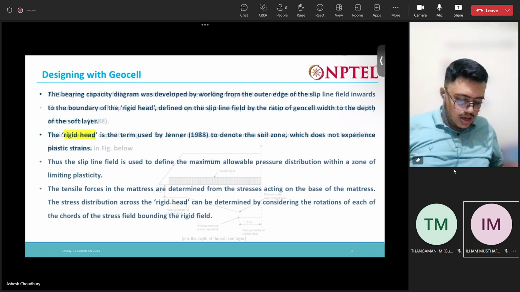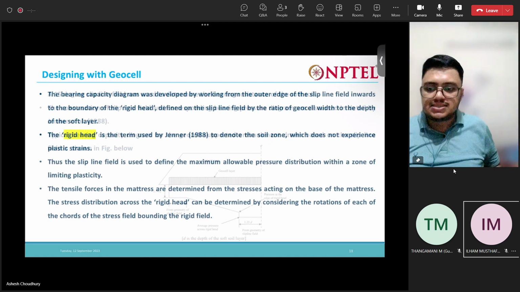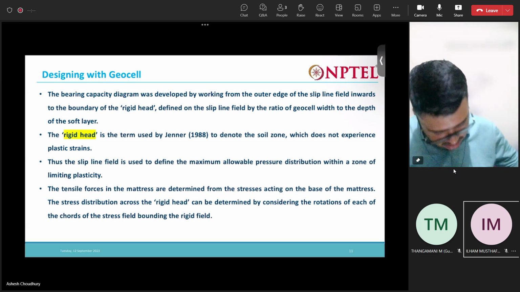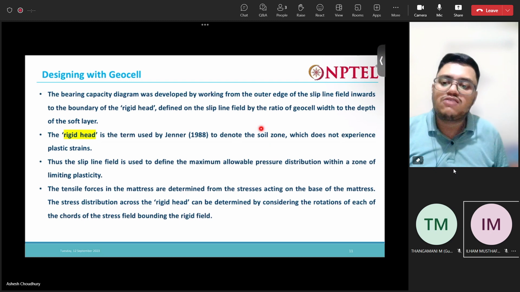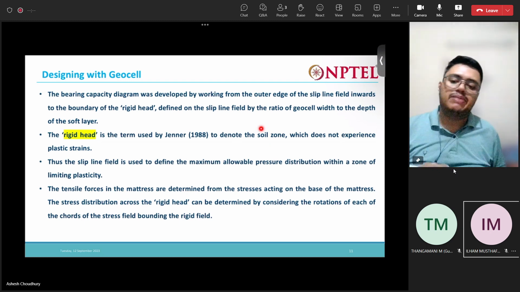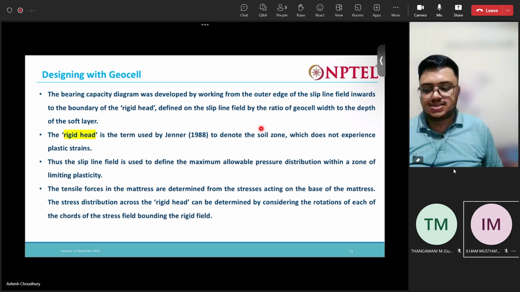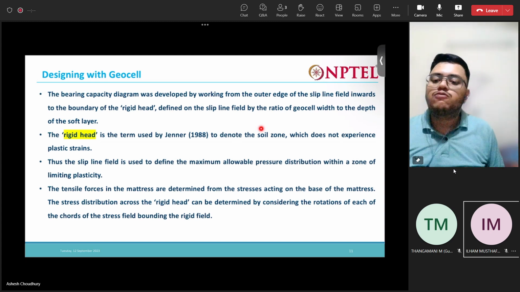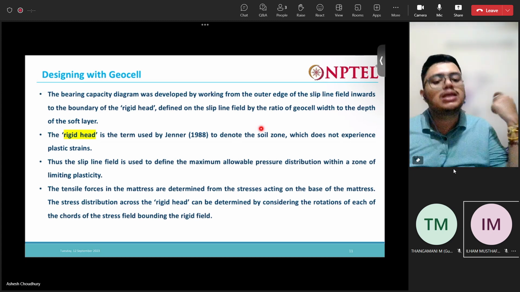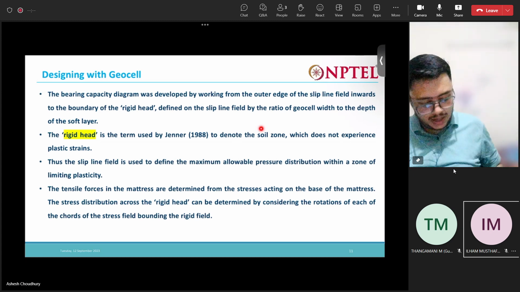Now the tensile forces in the mattress, the mattress here means the geocell mattress, are determined from the stresses acting on the base of the mattress. Understood?